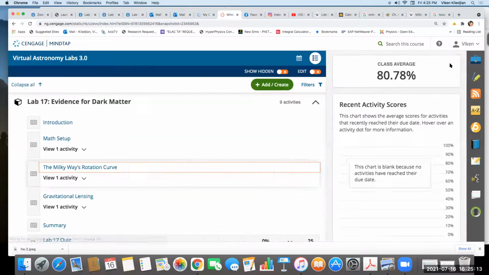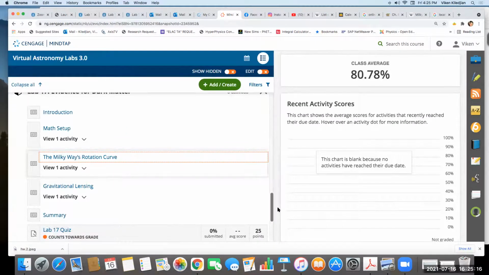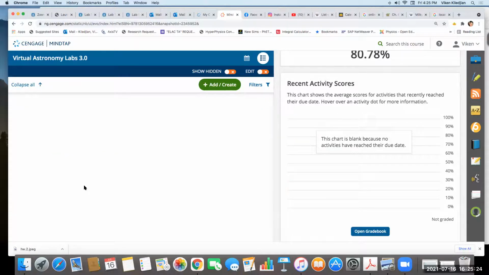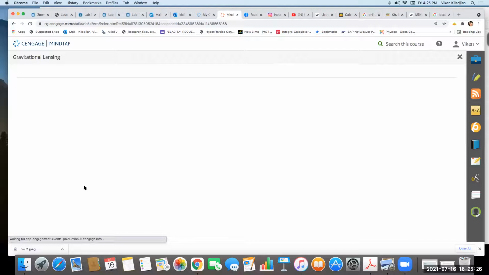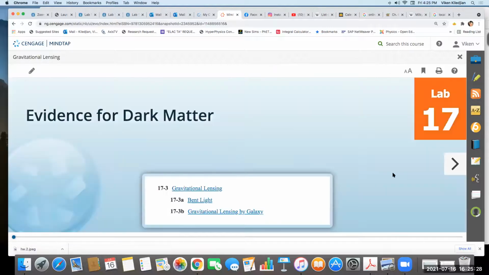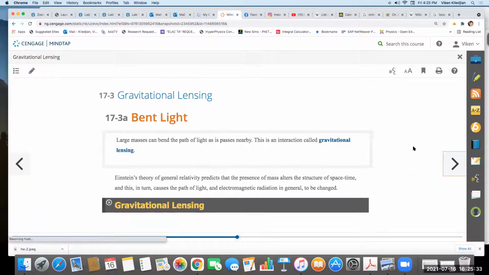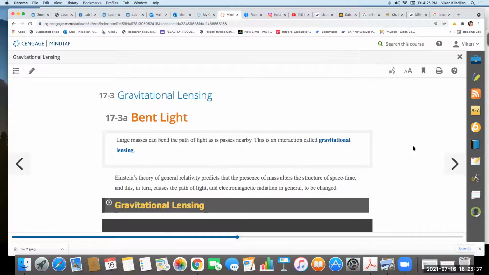Okay, now the next evidence for dark matter is gravitational lensing, which we have studied in the last lab, from the dark black holes lab. Large masses can bend the path of light as it passes nearby.